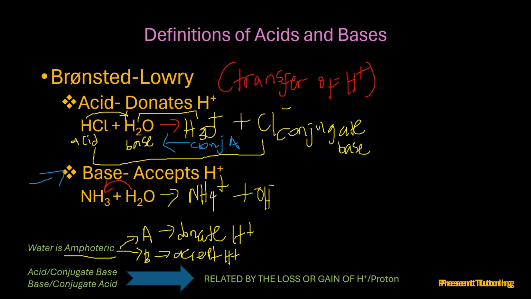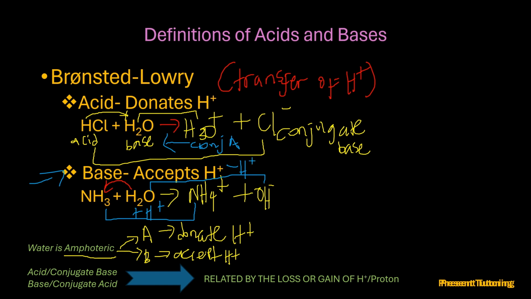When H2O acts as an acid, you have ammonia reacting with H2O, and so H2O donates a H+ to NH3, which is ammonia, and it becomes NH4. So there is a relationship between NH3 and NH4, and then there is a relationship between H2O and OH- on the other side. Still related to H+. So NH3 becomes NH4+ by gaining a proton, by gaining a hydrogen ion, and then H2O becomes OH- by losing a hydrogen ion.